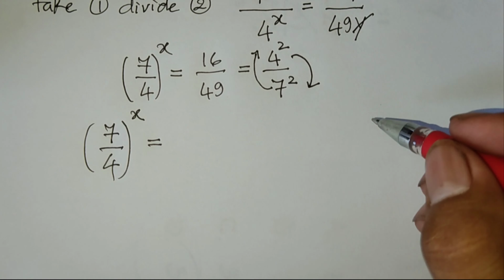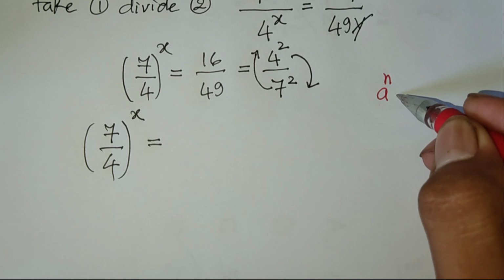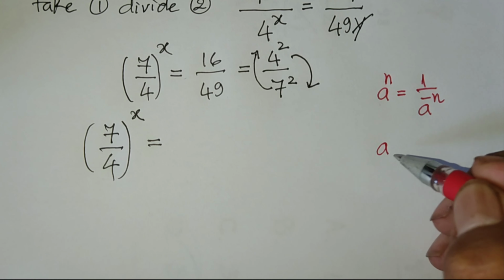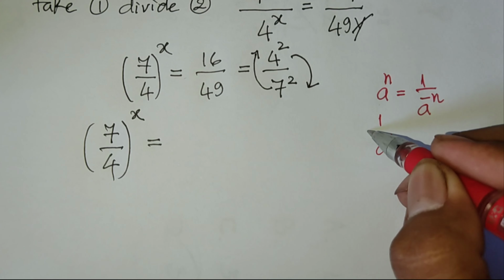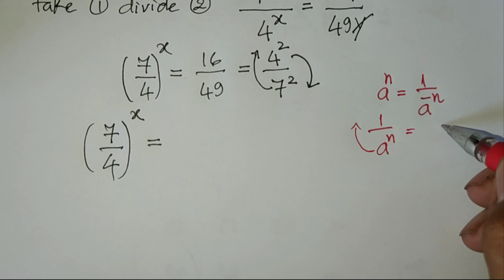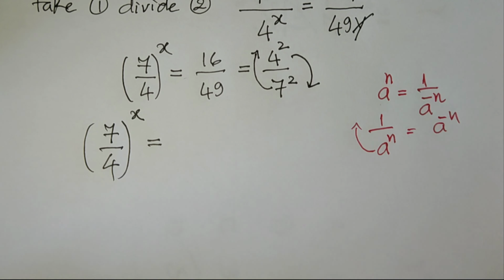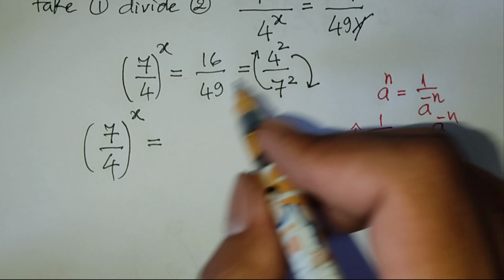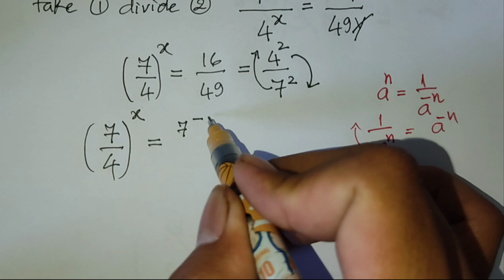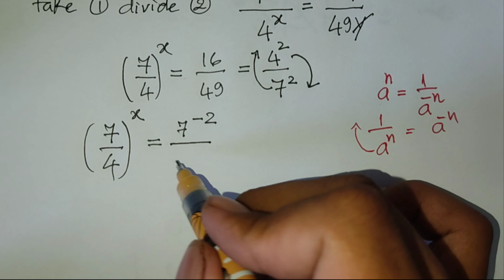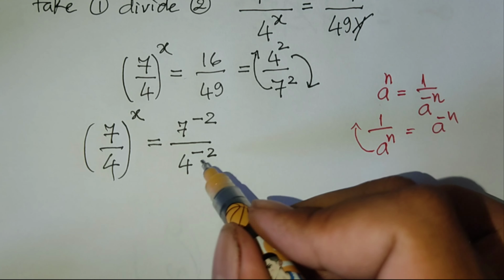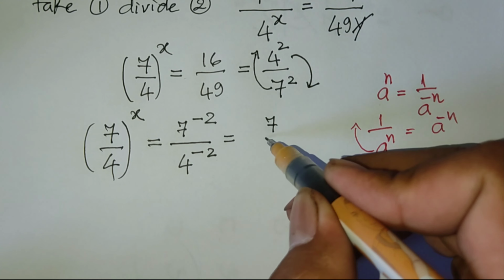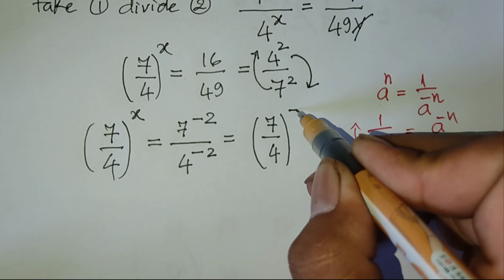Here we use the formula: if we have a^n under 1 and change it to the over, we get 1 divided by a^(-n), and if we have 1 divided by a^n, and change it to the over, we get a^(-n). Now 4 changes to the over and 7 changes to the under, we get 7^(-2) and 4^(-2). So we use this formula, and we get 7 divided by 4, the whole to the power negative 2.